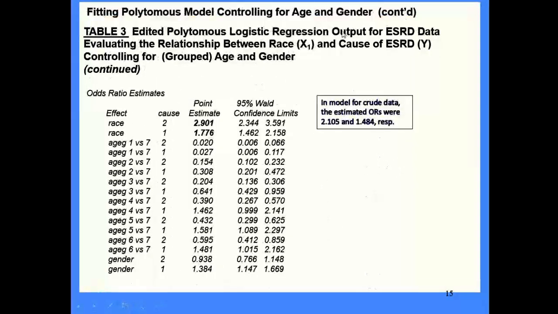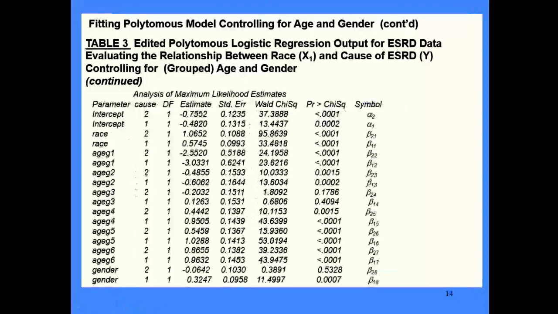This says edited polytomous logistic regression output, it's the same heading, but you notice underneath that, it says odds ratio estimates. So you see this 2.901? Where did that come from? It comes from exponentiating 1.0652, which is the coefficient of the race variable for one of the components.